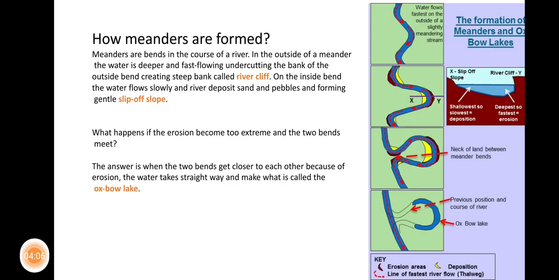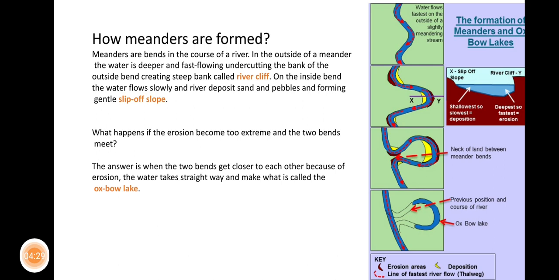Okay, now we come to the second topic, how meanders are formed. Look at this diagram on your right hand side. You look at the river on its long scale. Look at these bends that are happening throughout the course of the river. So meanders are bends in the course of a river.